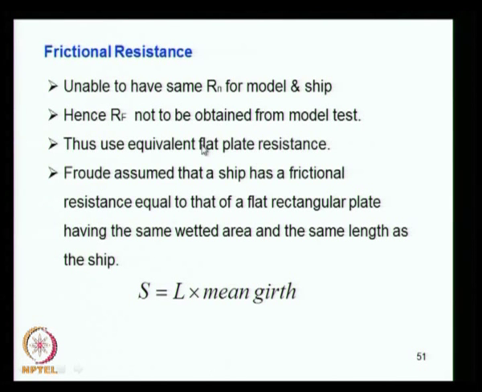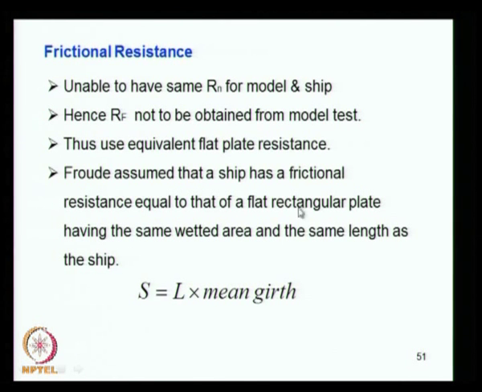Frictional resistance: we have already seen that we are unable to have the same Reynolds number for ship and model, and we have already discussed that. Hence we won't be able to obtain the frictional resistance from the model test. So we use an equivalent flat plate resistance, which is what we did in using the ITTC formula. Froude assumed that a ship has a frictional resistance equal to that of a flat rectangular plate having the same wetted area and the same length as the ship.